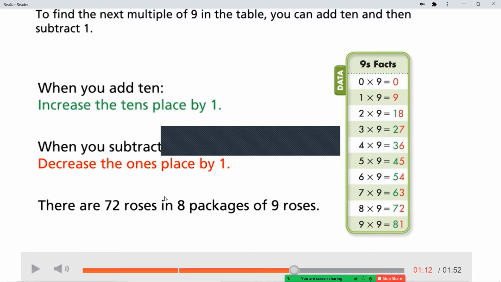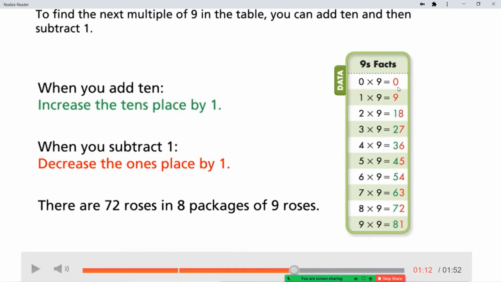Let's take a look at the pattern that we're seeing here. Now take a look at your ones place. So we have 9, 8, 7, 6, 5, 4, 3, 2, 1. Now your tens place, once you jump into the tens, is 1, 2, 3, 4, 5, 6, 7, 8. So as the tens place value is counting up, the ones place value is counting down.